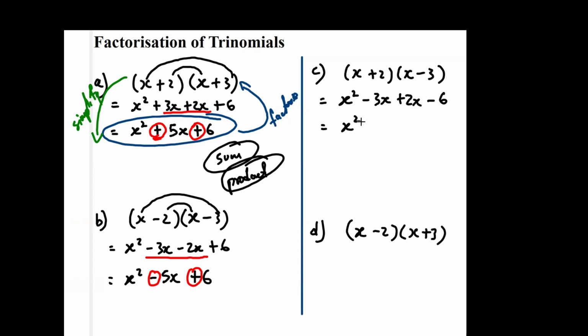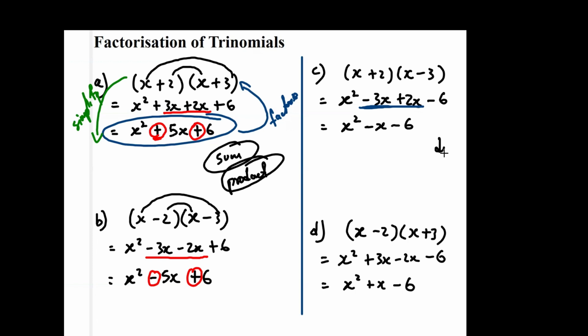Take note that the sign of the middle term comes from the bigger coefficient. And again, this is very subjective, in quotes. 3 is bigger than 2, so we're going to take a negative sign. Remember, when signs are not the same, we add and keep the sign of the bigger number. So this becomes x squared minus x minus 6. Same thing here, x squared plus 3x minus 2x minus 6. And then we have x squared plus x minus 6.